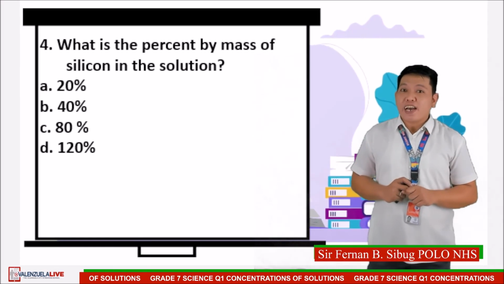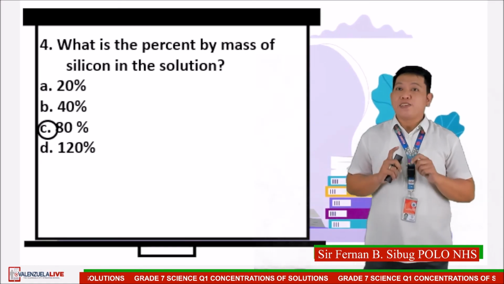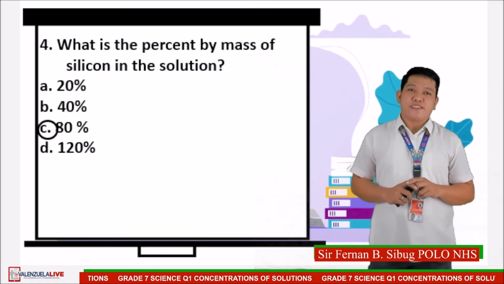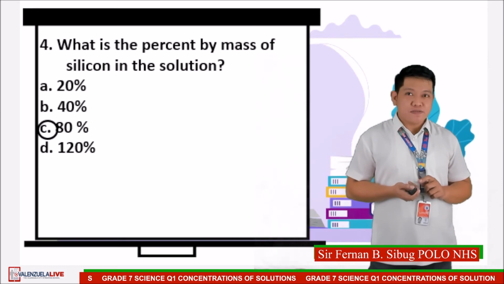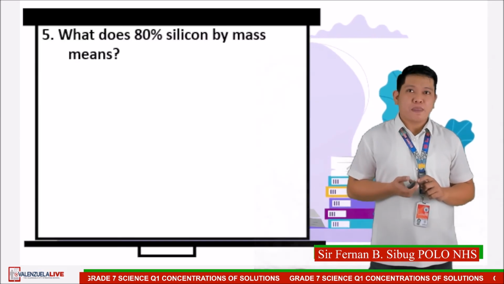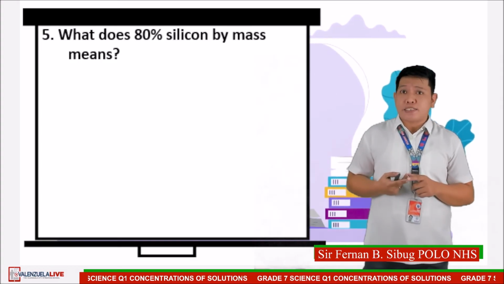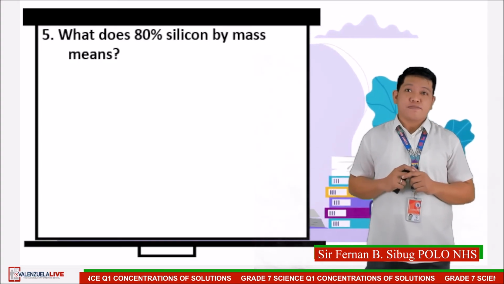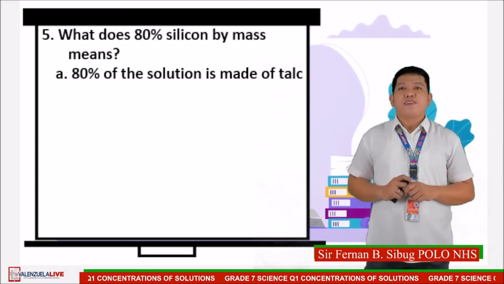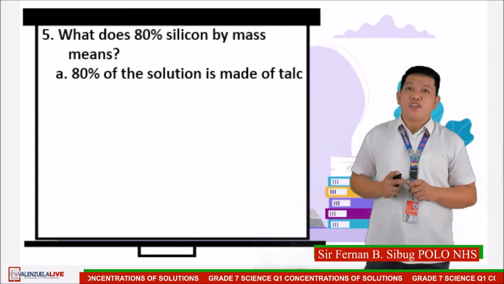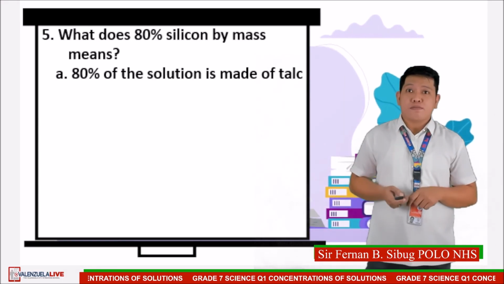Okay, the correct answer is letter C, 80%. And lastly, what does 80% silicone by mass mean? A. 80% of the solution is made of talc.